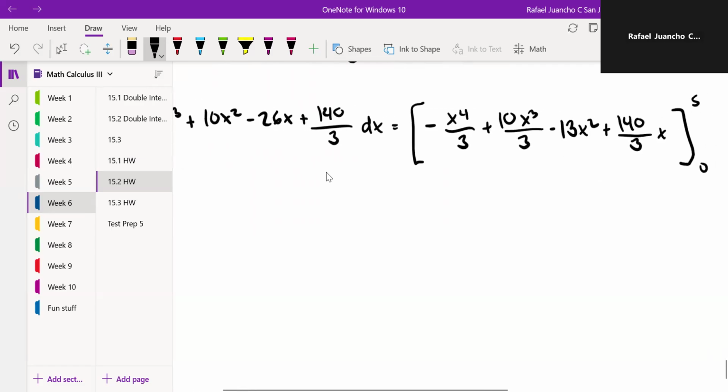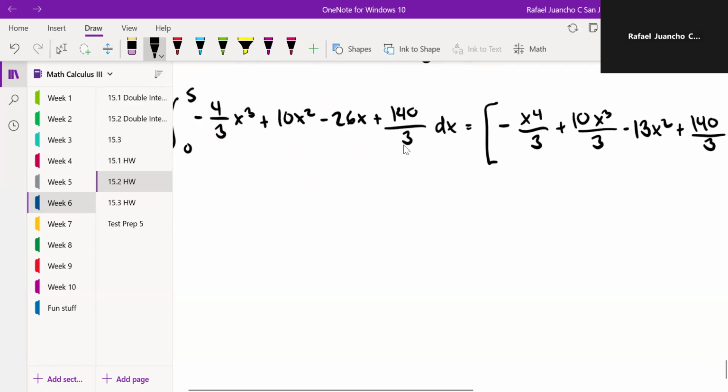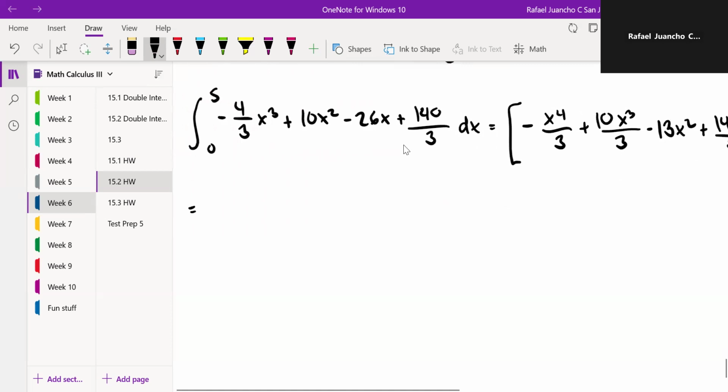And then from there I just solve all of this in one go by putting 5 in. So this would give me 5 to the 4th, which is negative 625. 5 cubed, 125 times 10, that's 1,250.